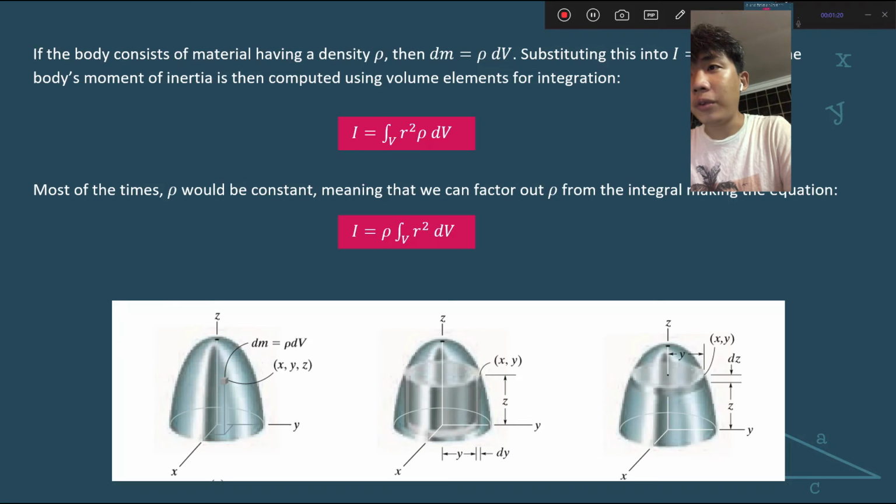Substituting, we find the new formula for I, which is the integral over V of r squared ρ dV. And since ρ is constant, we can pull it out to make I equal to ρ times the integral over V of r squared dV.